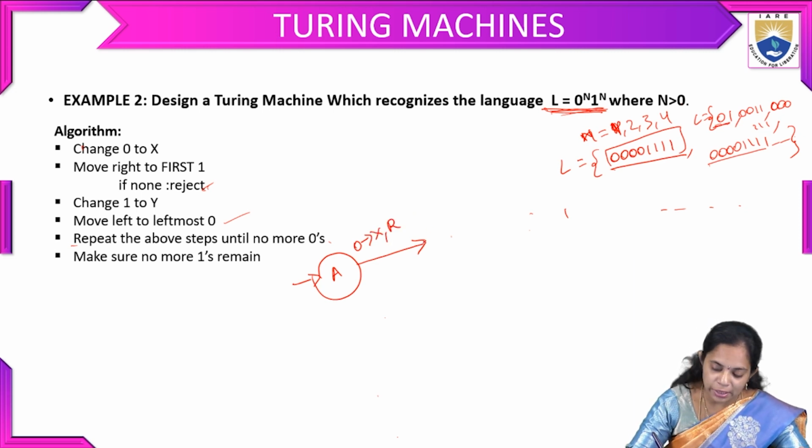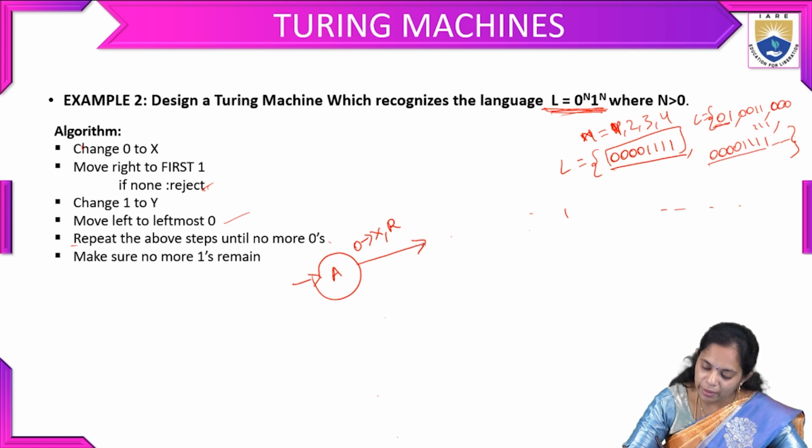And in the right direction, whenever we see 0, we replace it with 0 and move right. And whenever we find 1, we have to replace it with Y and move to the left direction.